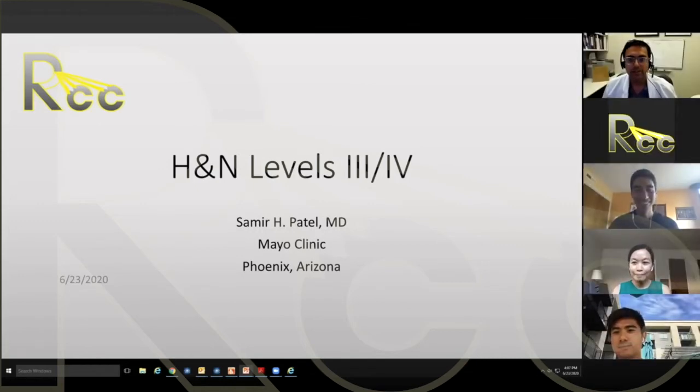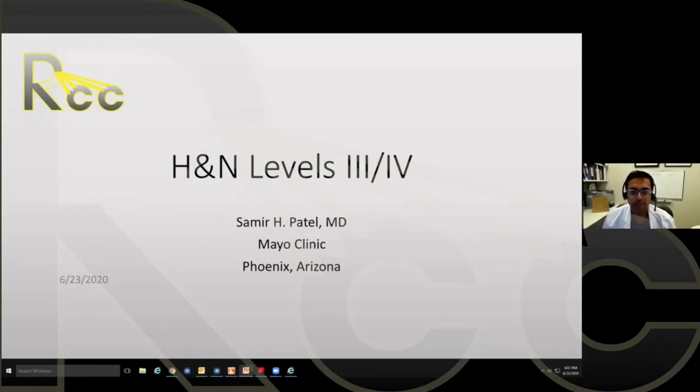All right, so Dr. Hugh made my job rather easy. He did a great job giving an outline of indications for treating the neck, as well as outlining levels 1 and 2. And now we're going to be going on to levels 3 and 4, and I'm going to be a lot more focused on the anatomy of levels 3 and 4, how to delineate those nodal levels, as well as adjacent organs at risk.